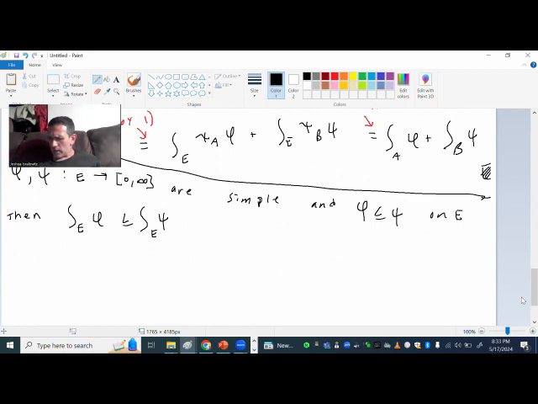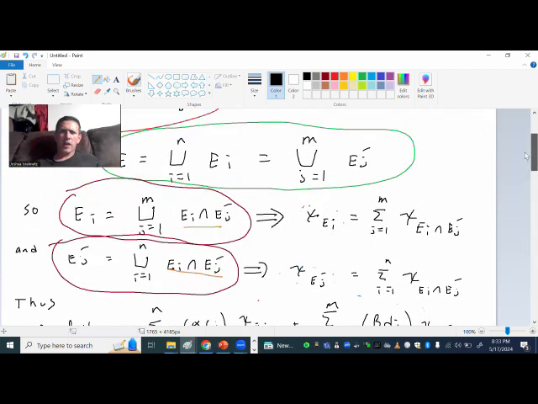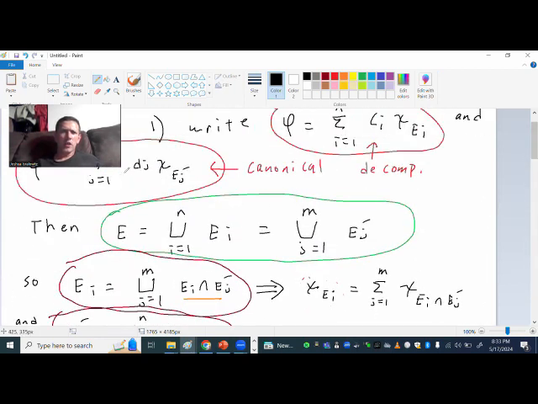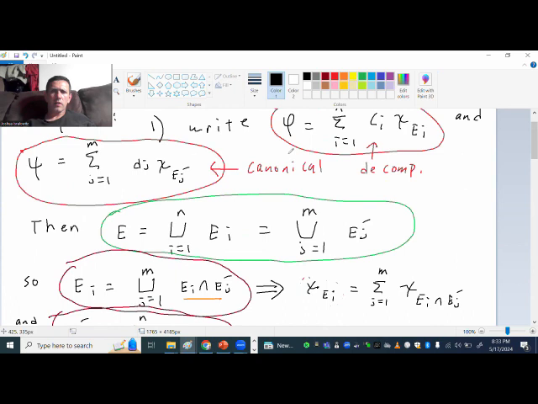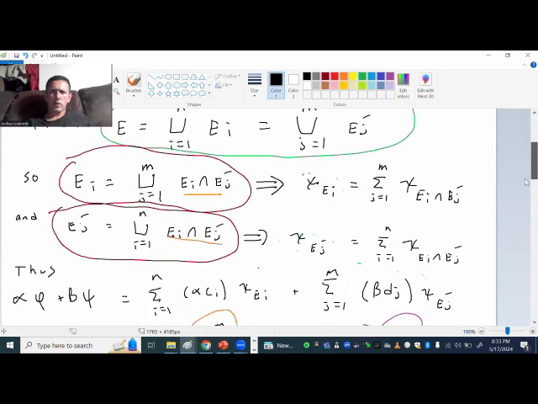I think at one point I thought about making it a homework, but so I do the same thing. I have my canonical decomposition of my two simple functions. So we're still going to use that.